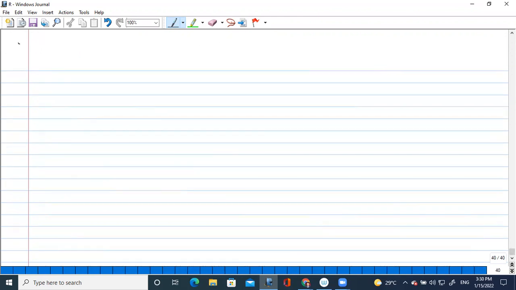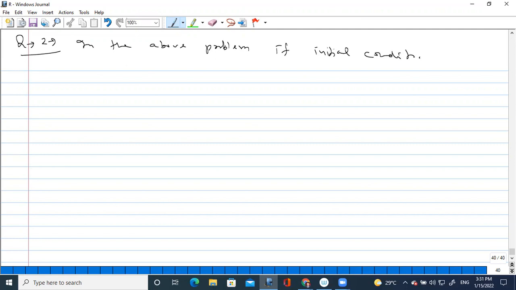Okay, so this is question number 2. In the above problem, so rest all problem is same. In the above problem, if the initial condition u(x,0) is equal to 100 sine 3 pi x by 80.